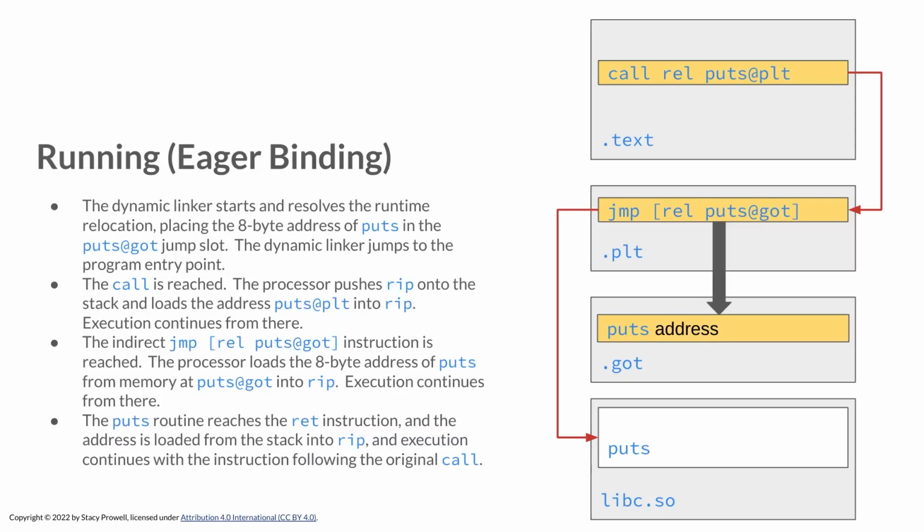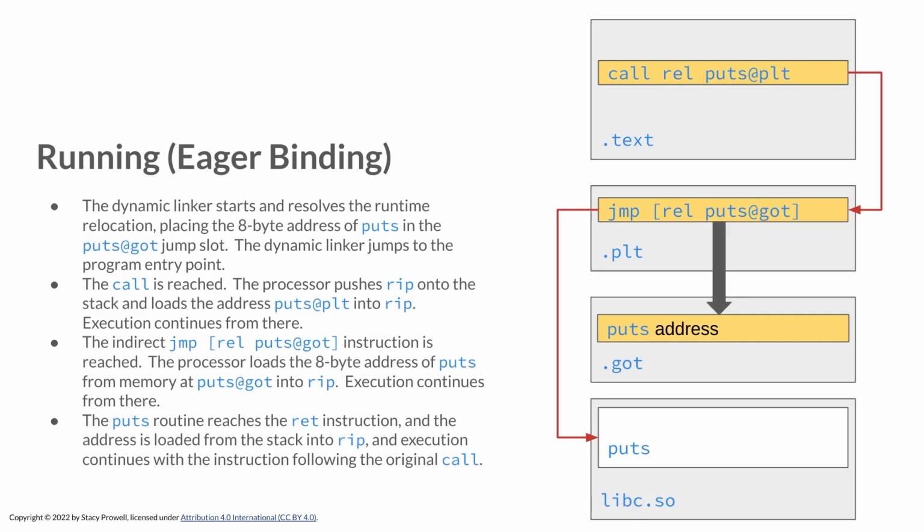So, with eager binding, here's what happens. The dynamic linker starts, resolves the runtime relocation, and puts the 8-byte address of puts in the GOT slot. The dynamic linker jumps to the program entry point. When the call is reached, the processor pushes RIP onto the stack and loads the address puts at PLT into RIP.